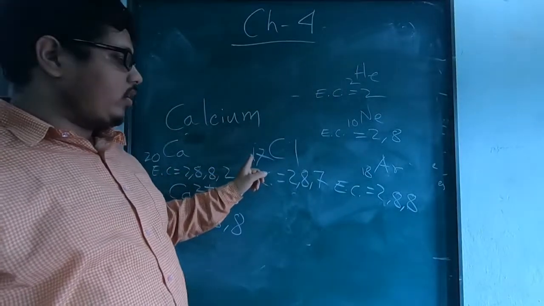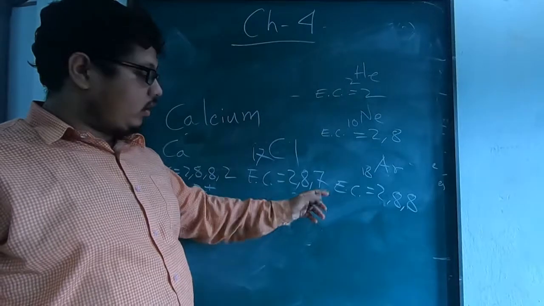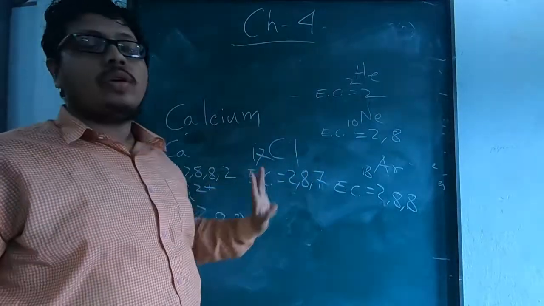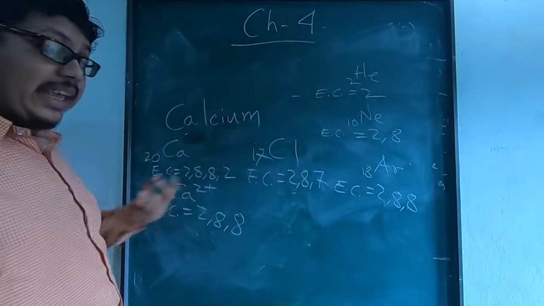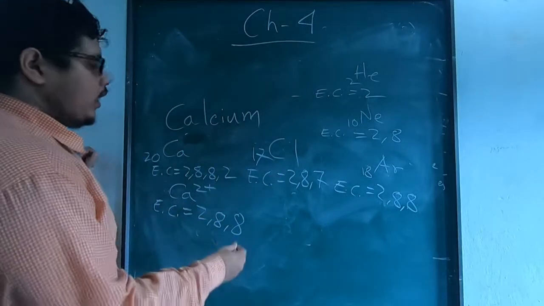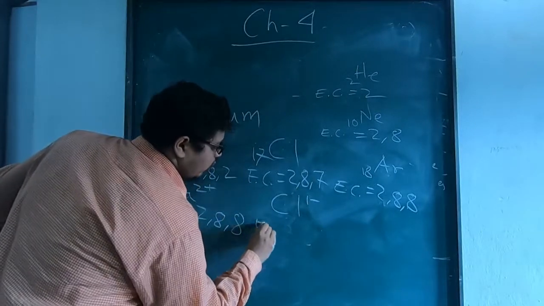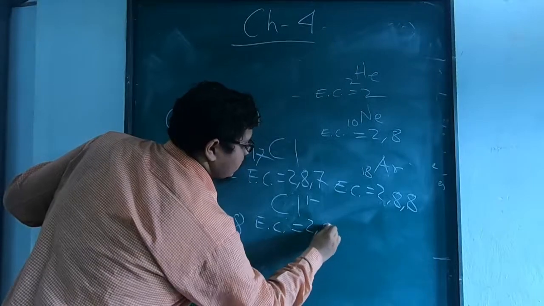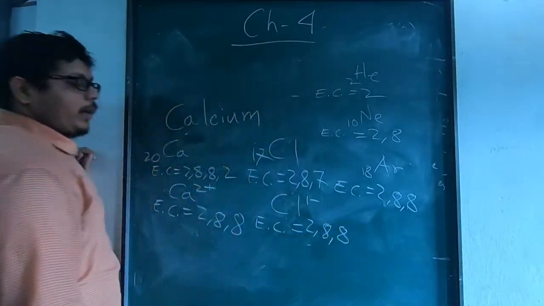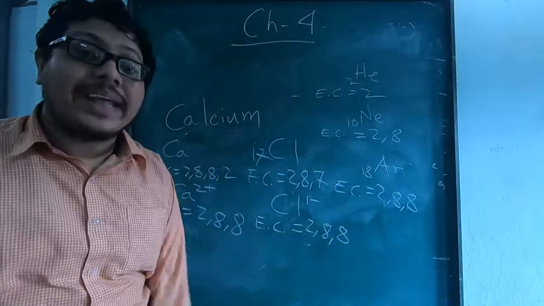Because total 17, first shell can get only 2, second shell gets 8, 10 gone, 7 more, 2, 8, 7. Now to become like argon, it will gain and become Cl1 minus. Electronic configuration is 2, 8, 8. 1 gain, that's why minus 1. It will not always be 1 gain.